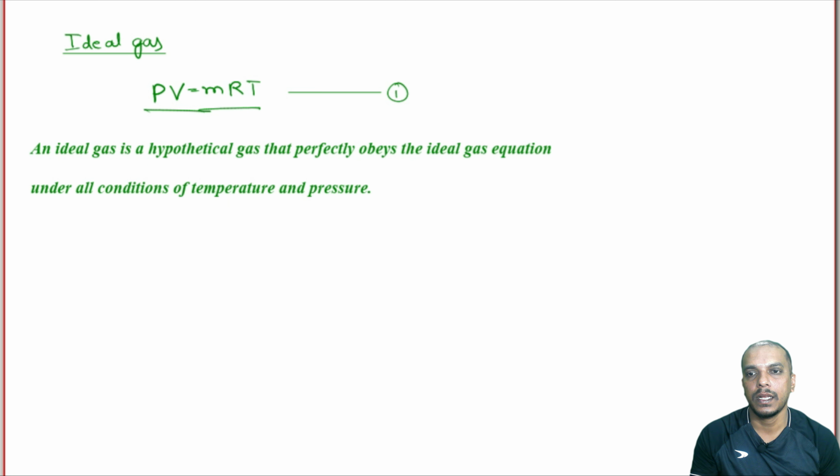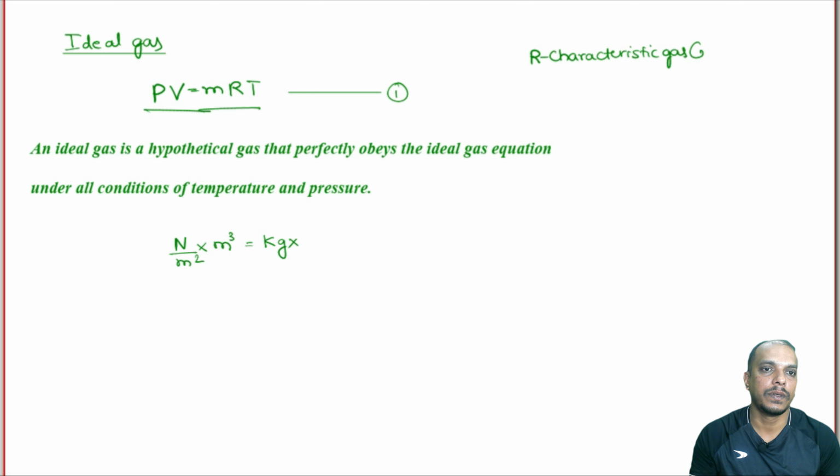Now, we can talk about the same equation in different forms. Before that, let us try to know the units of each quantity. Pressure should be in Newton per meter square, volume in meter cube, mass in kg, and R is the characteristic gas constant, in joule per kg Kelvin. T is absolute temperature in Kelvin.